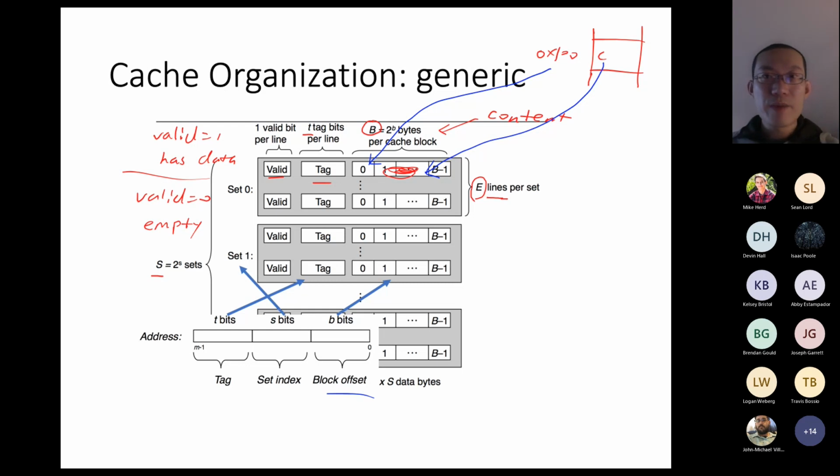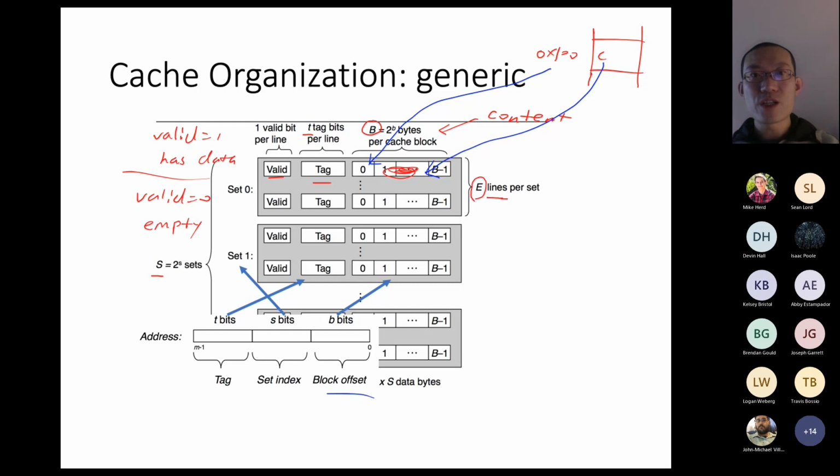Even though we don't tell the address explicitly, you can see how this C is related to the address itself: which set we're going to use, what tag we initialize, and what the offset within the block is.